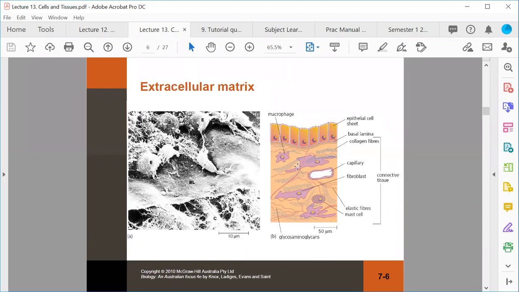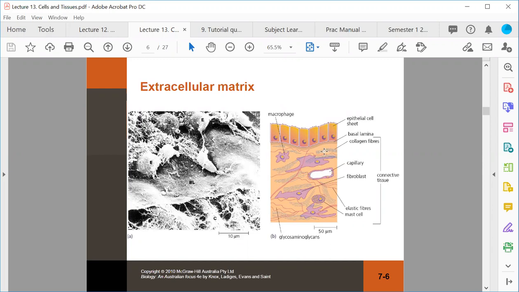Here we have an odd-shaped cell called a fibroblast, and these are the cells that actually secrete the extracellular matrix itself. Here we have a macrophage and a mast cell, which are cells of the immune system, and lots of extracellular matrix in between those cells. And of course a blood capillary.